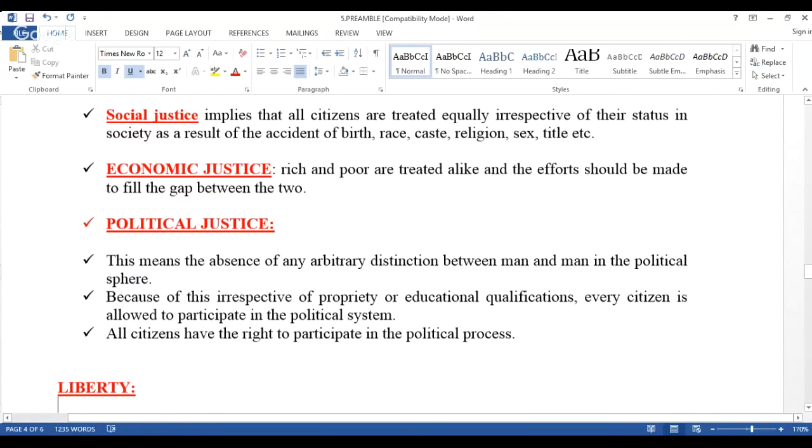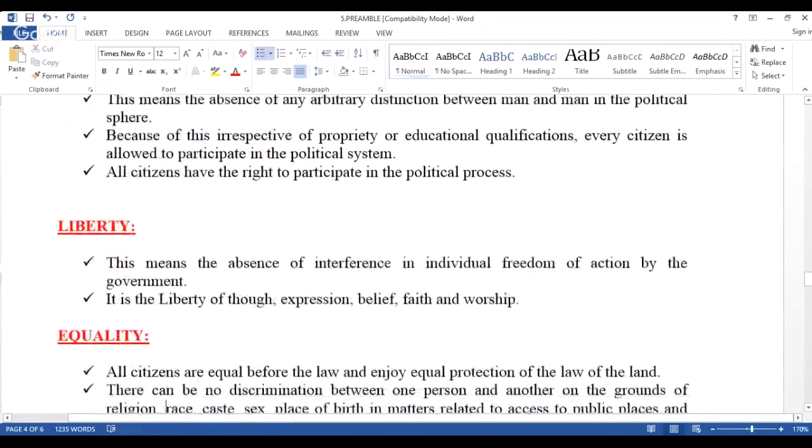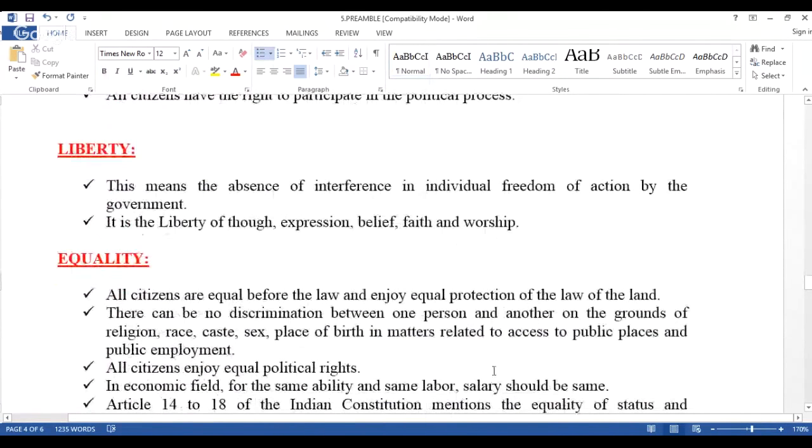Next is liberty. Look at this. Liberty of thought, expression, belief, faith, and worship. The meaning is simple.